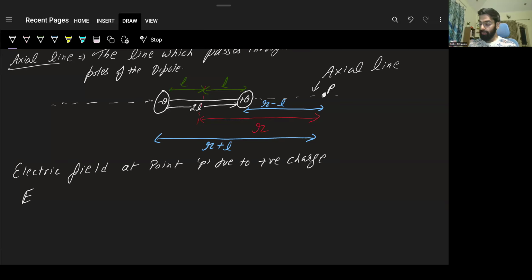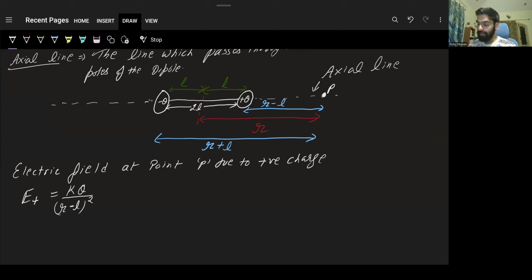For the positive charge, I'll put E positive, just a representation that this electric field is for the positive charge. So what is the formula? K times the charge, and the distance is R minus L, so R minus L whole square.